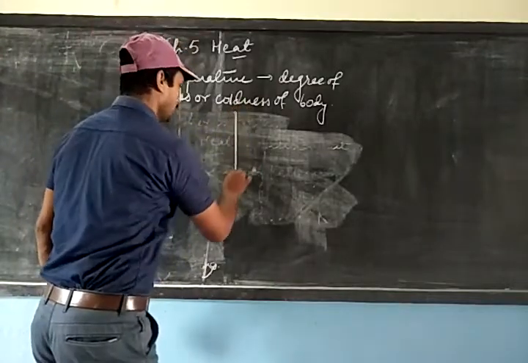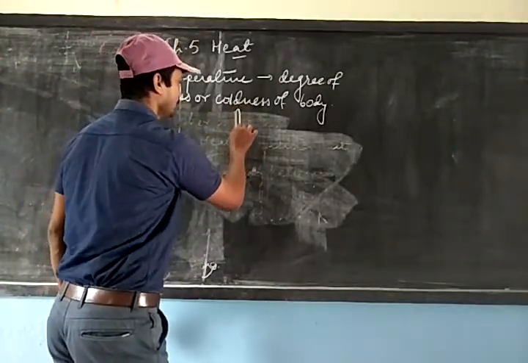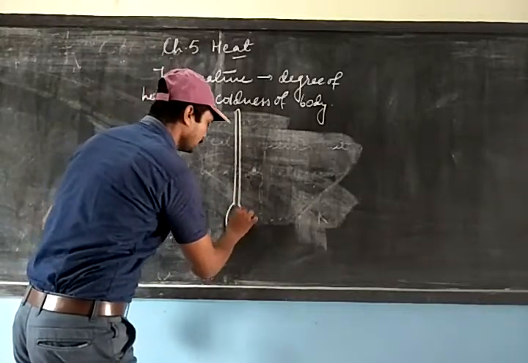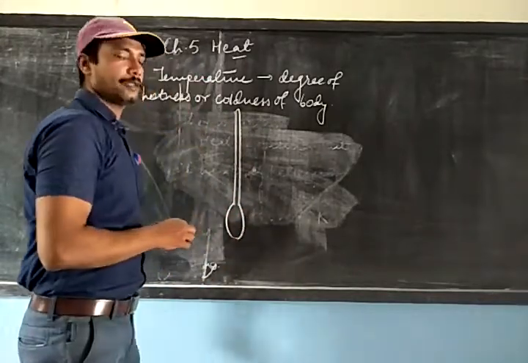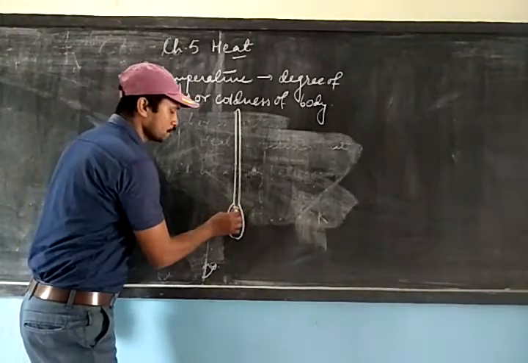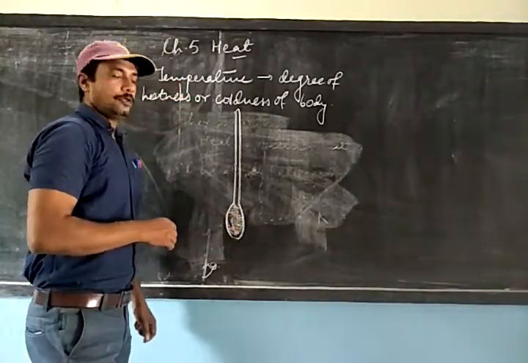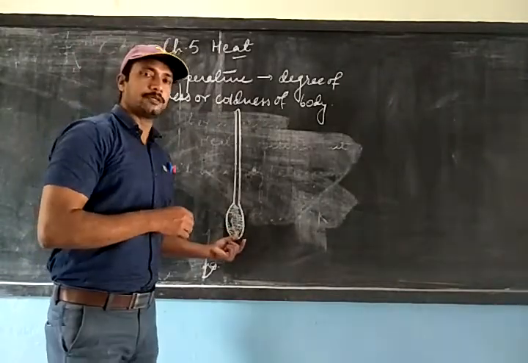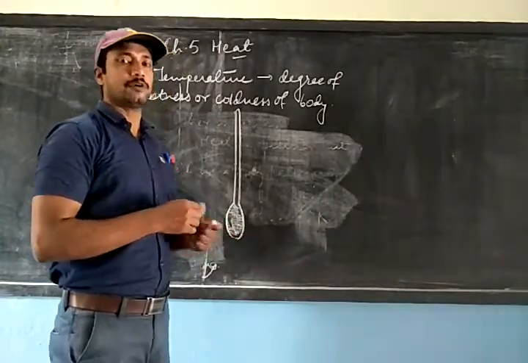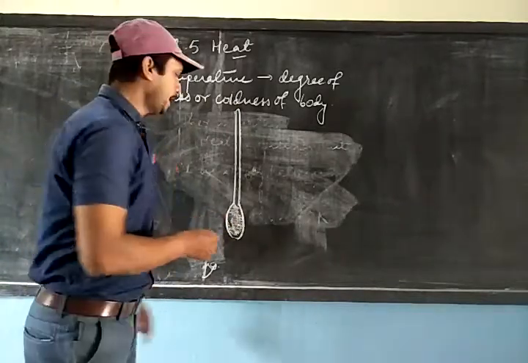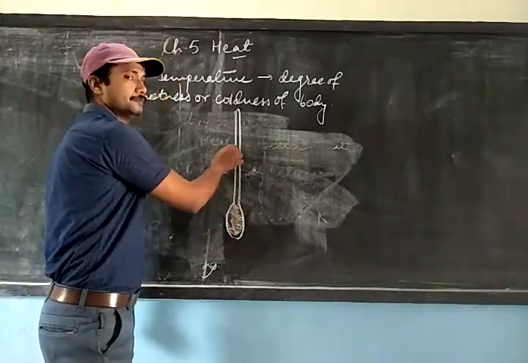This is the capillary, whose lower part has the bulb, and it is this bulb that stores mercury. Whenever this bulb comes in contact with a hot body, the mercury inside will become hot and begin to rise.